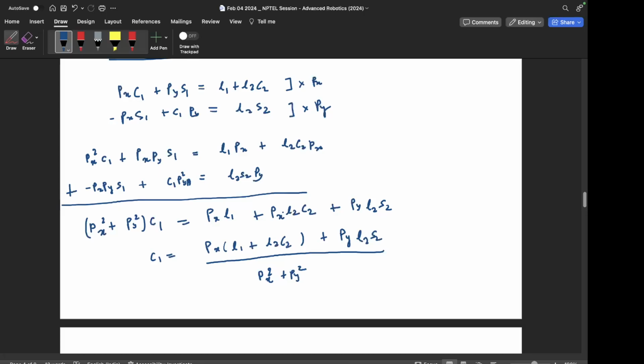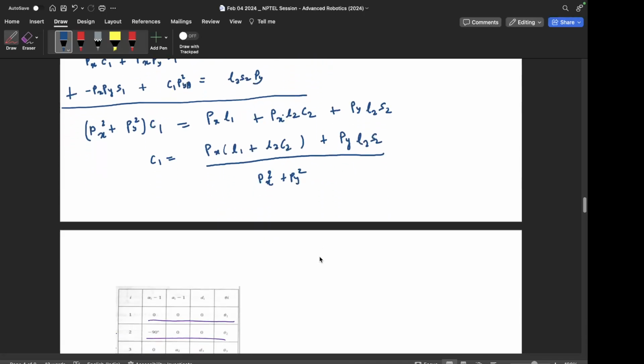So now whatever terms are there on the RHS, we know them, right? We know the cos theta 2 value, and we know all the quantities L1, L2, Px, Py. So this is the term for cos theta 1.